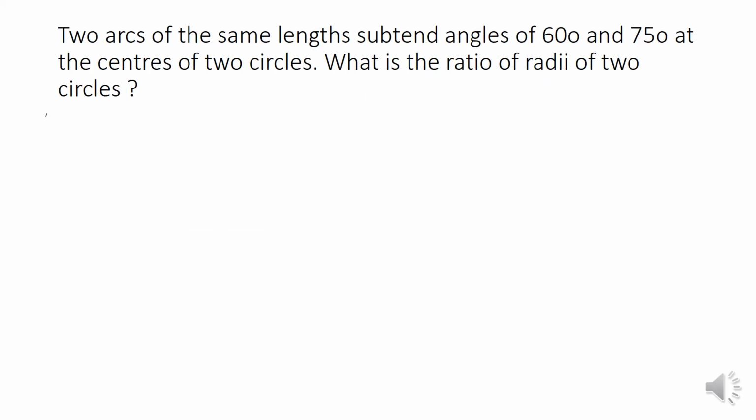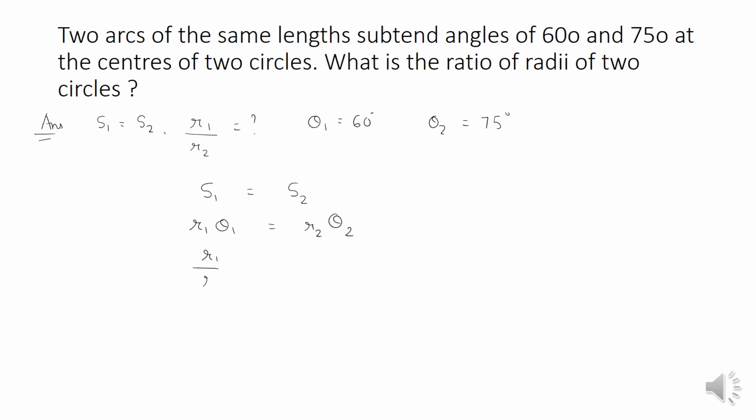Next, two arcs of same length. It means S1 is equal to S2 is given, having angles theta 1 as 60 degree, theta 2 as 75 degree. You have to find ratio of radii, that is R1 upon R2. Here we know that length of arcs are equal, so I'll say S1 is equal to S2, that is R1 theta 1 is equal to R2 theta 2.